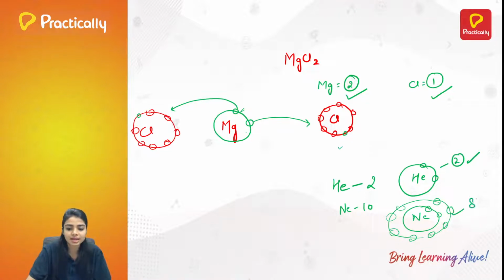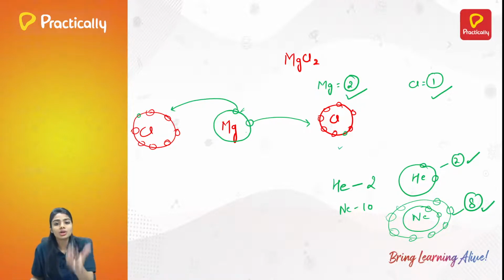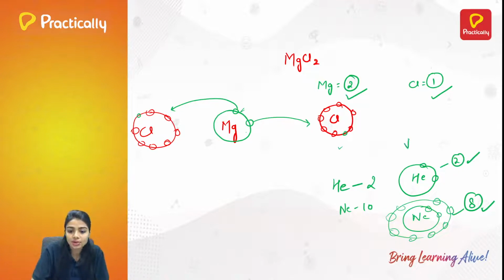That means there is no requirement to give or take electrons to become stable, because they are already stable. If they are already stable, why is there a need to give and take electrons? So that's why the valency of these elements is 0.